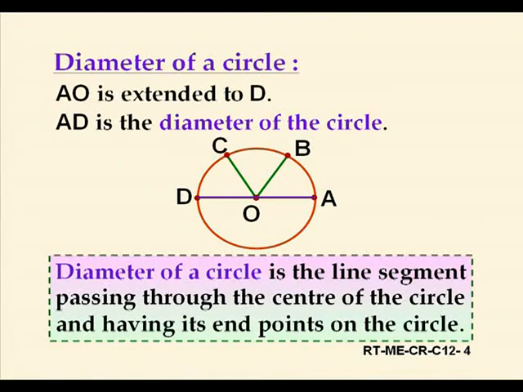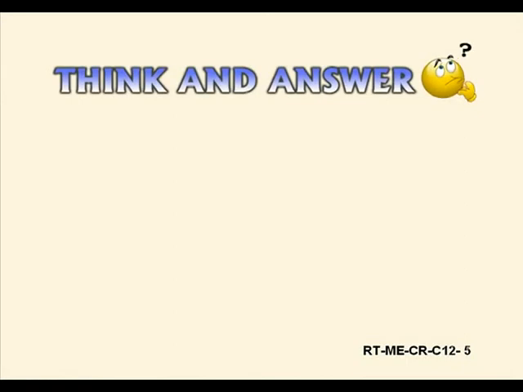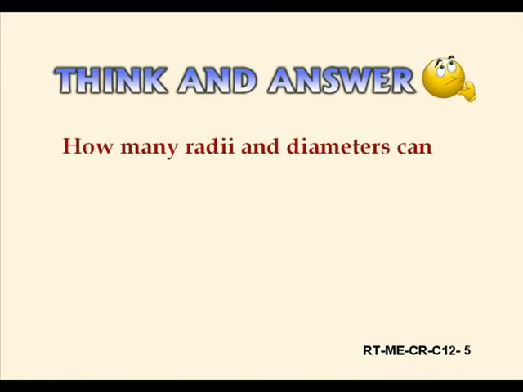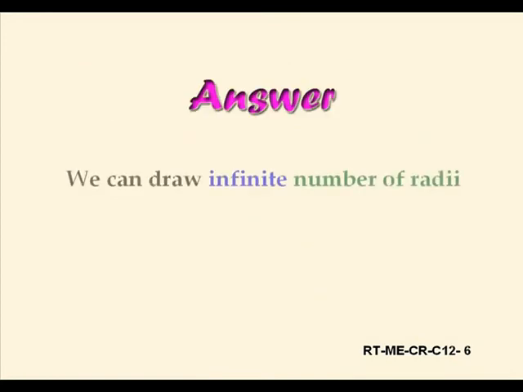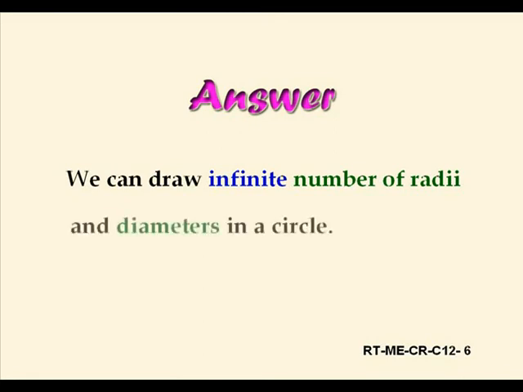Dear students, it is time to think and answer. How many radii and diameters can be drawn in a circle? Answer: we can draw infinite number of radii and diameters in a circle.